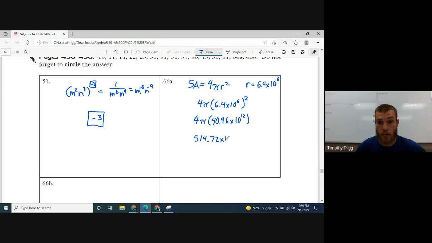And then times 10 to the 12th. They want it in scientific notation, so we're actually going to have to move the decimal 2 times to the left. We only want a 5 in front of the decimal. So 5.1472 times 10 to the power of, since we moved to the left here, we're going to have to add 2 more to our exponent. So 10 to the power of 14 here.